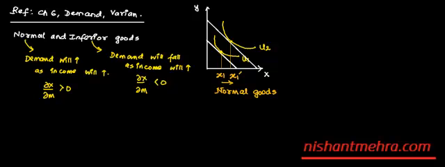For inferior goods, if initially this is the budget line, and X is the inferior good here, then as your income will increase, the amount of X which you're consuming will fall.